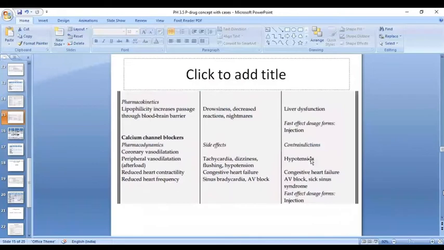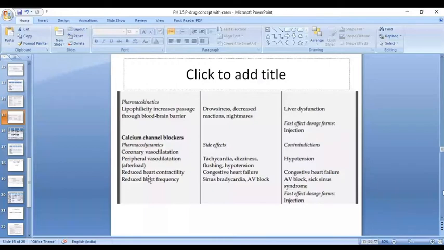For beta blocker, the oral route would take a bit longer time to act. But if the patient is having acute angina pain, we want to relieve it as soon as possible. So the fast acting dosage available with beta blocker is injection only. It won't be a sublingual tablet, won't be a nasal spray, right? And the oral tablet would take a lot of time to act, because of the mechanism by which it works.